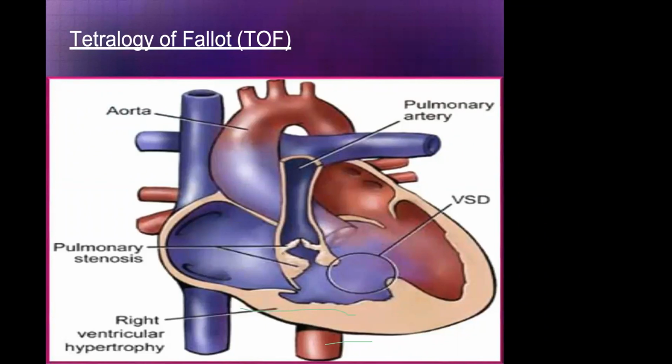The typical presentations are pretty similar to other congenital heart diseases, but the babies, of course, will be blue. They become more prominent whenever the baby is crying or feeding, and they will be irritable. They can even faint. You can also notice clubbing of the nails, and the baby will have breathing difficulty as well.